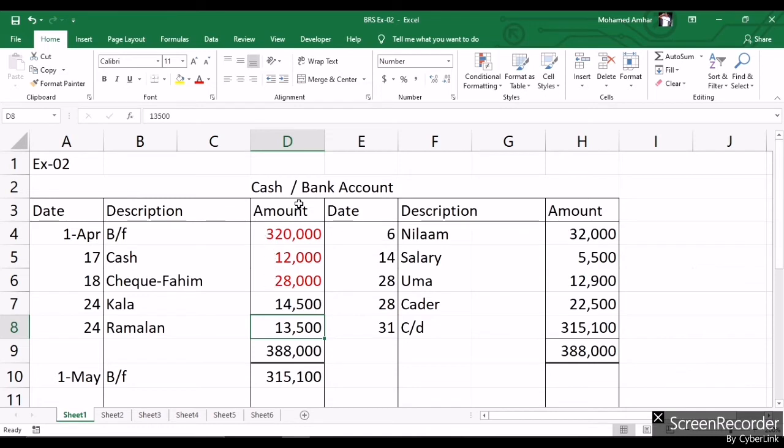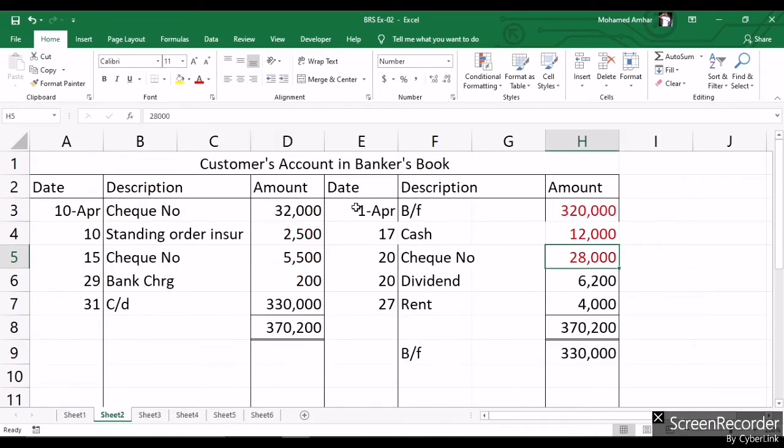all the debit side of the cash book we have now checked with the credit side of the customer's account that is maintained by the bank, and another two amounts are there in the credit side of the banker's account, but these two amounts are not in the cash book debit side. So what is that?